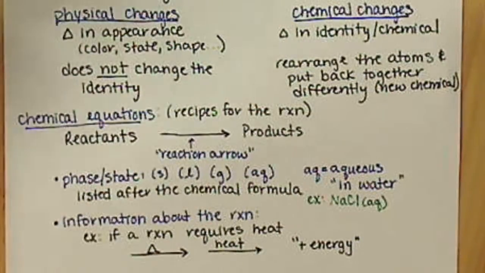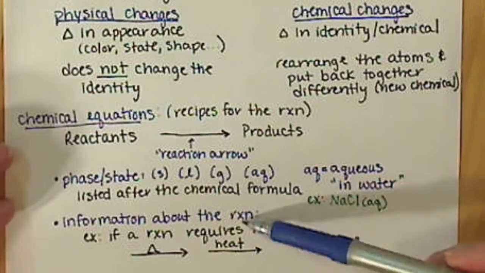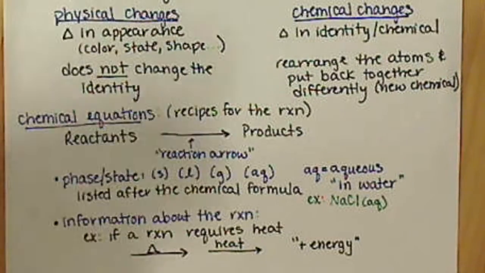And actually at the end of chapter 6, in the very last section, we'll talk about reactions that either give off heat or absorb heat. So we'll see this again. So that's kind of the things that we can add to a chemical equation.